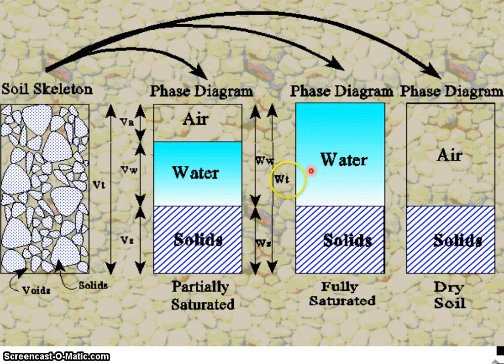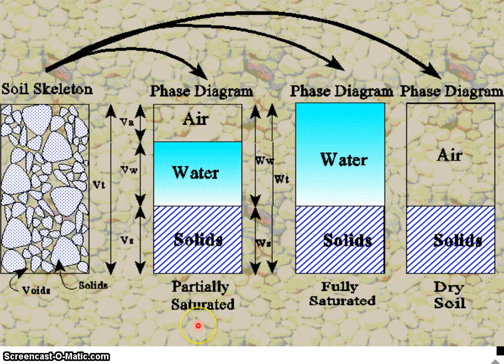So this is how the original soil skeleton might look like. We have a solid soil particle. We might have a void, which consists of water and also air. So air, water, and solids is a three-phase diagram, also known as a partially saturated condition of the soil.